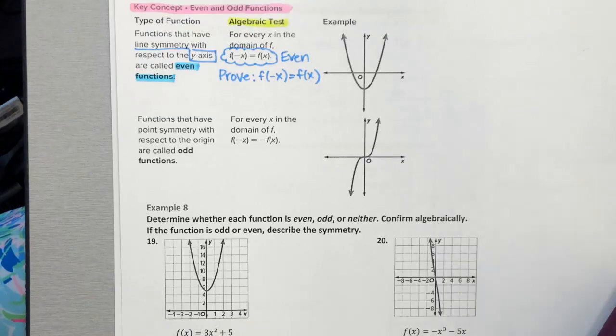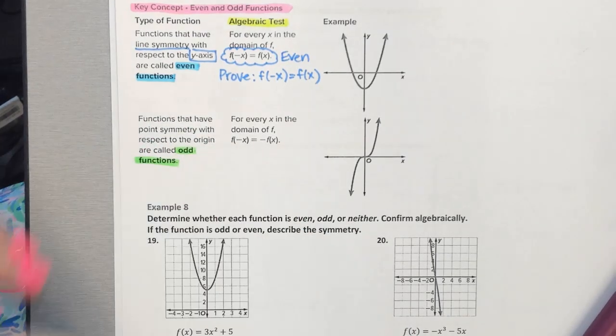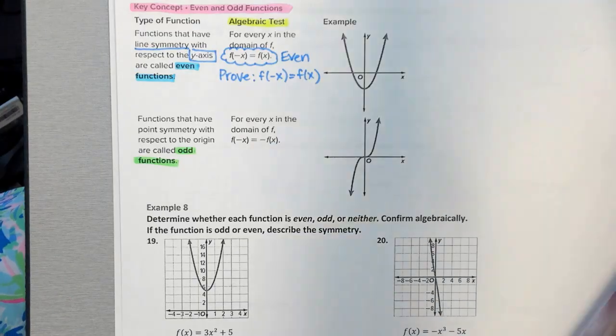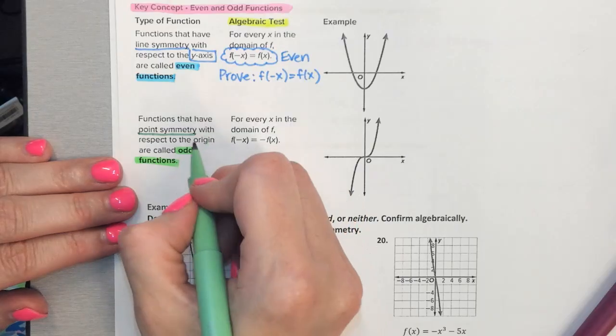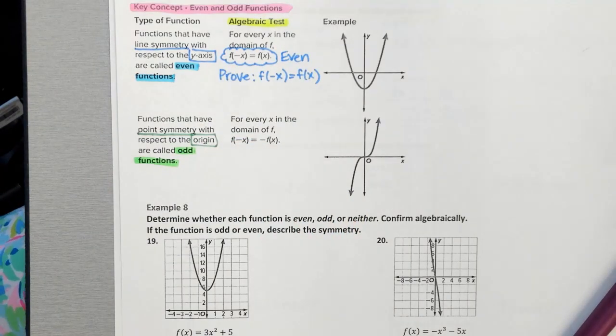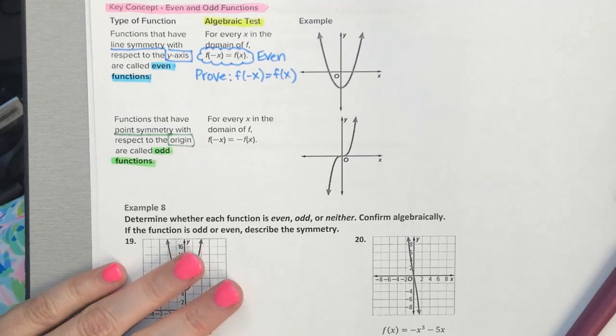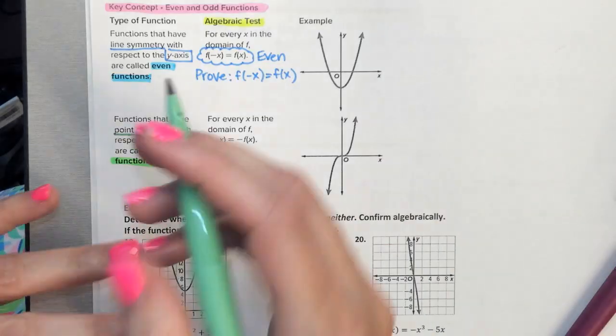All right, now if it is an odd function, then it is going to have point symmetry with respect to the origin. Okay, if it's an odd function, it's going to have point symmetry with respect to the origin.